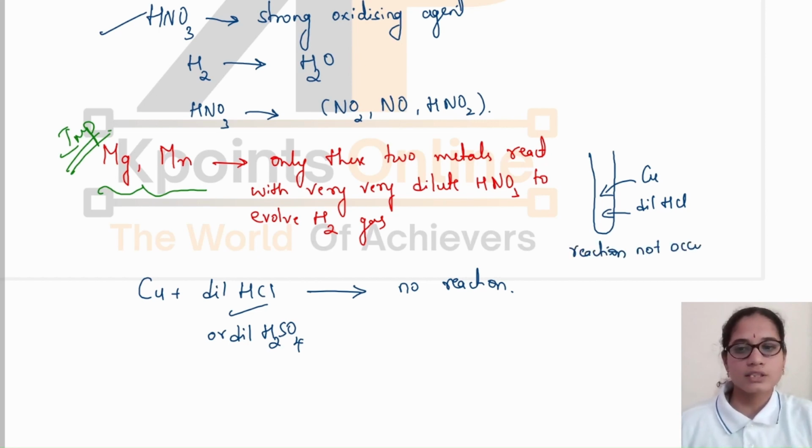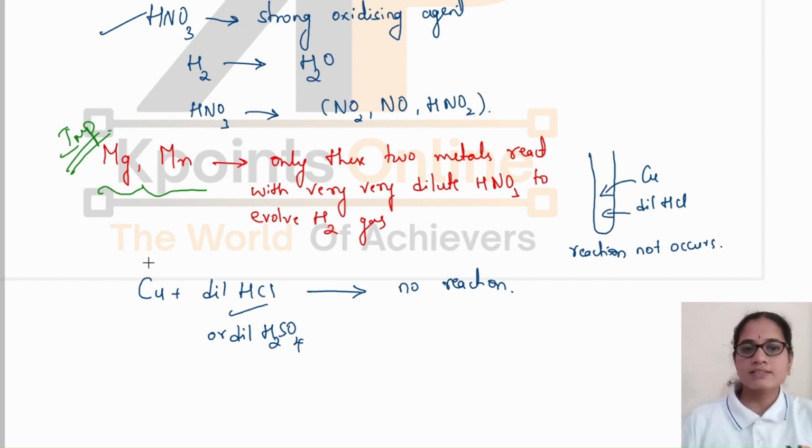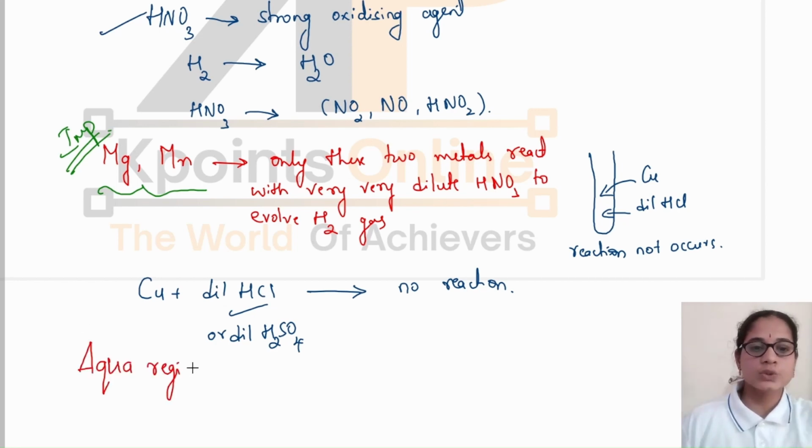We have learned that metals like copper, gold, silver, platinum are not soluble in dilute acids. So if we want to dissolve these metals, we have to prepare a special acid mixture, that is aqua regia. It is a Latin word which means royal water.